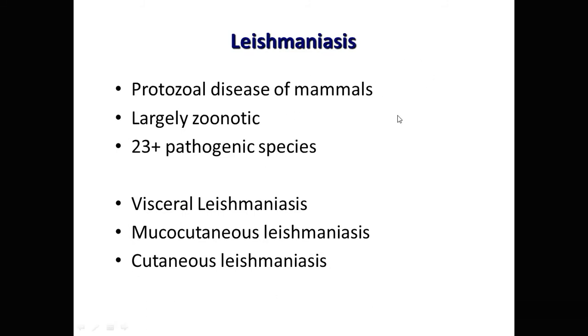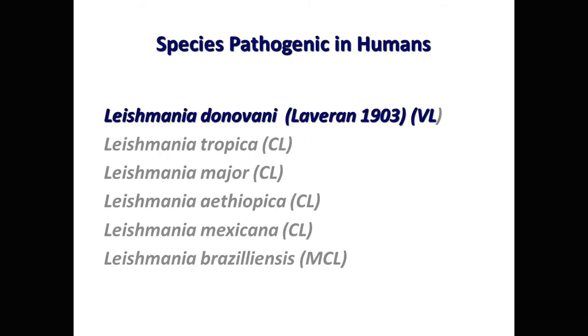And the last protozoan to discuss today is Leishmania. This is a disease of mammals, a zoonotic disease. We have many species, and as mentioned, we have three types of clinical manifestation and disease: visceral leishmaniasis, most severe, mucocutaneous leishmaniasis, and cutaneous leishmaniasis.